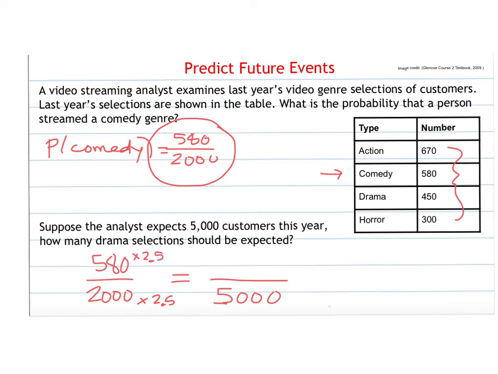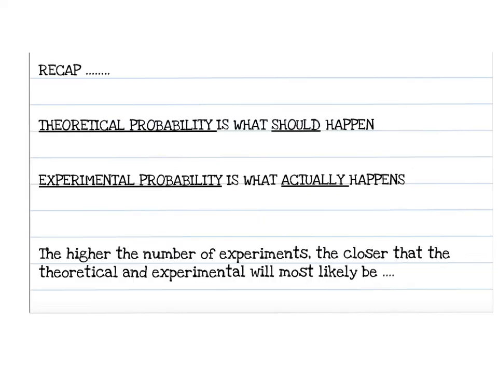You can definitely use a calculator on something like this, but 580 times 2.5 is 1,450. So we know that he can expect about 1,450 customers to stream comedy, based on this experimental probability that already occurred.